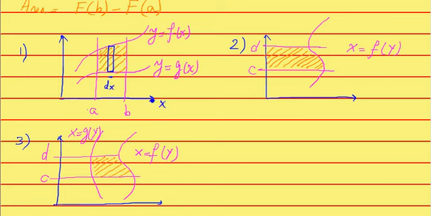This is the x-axis, and this small width here will be dx. How about the height of this? Well, the height of the rectangle is the difference between the y of this curve and the y of this curve, or it's going to be f of x minus g of x. This height is f of x minus g of x.